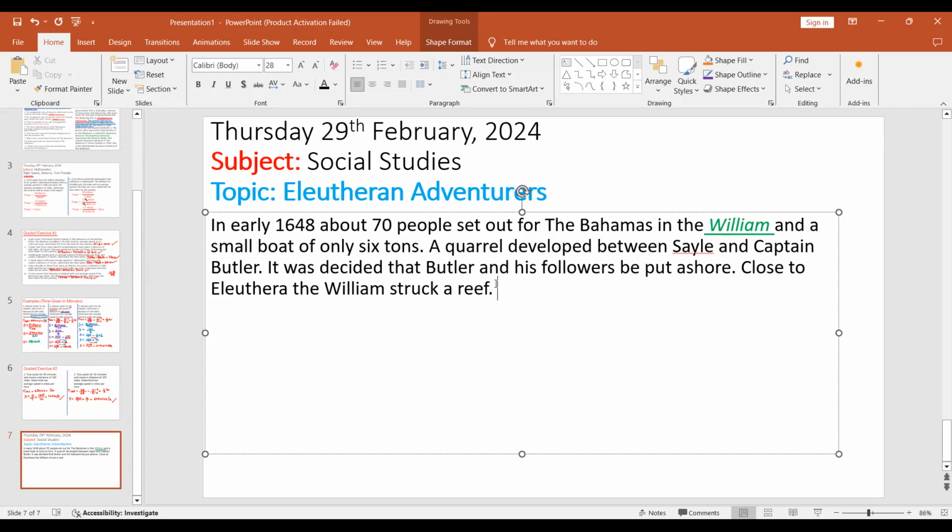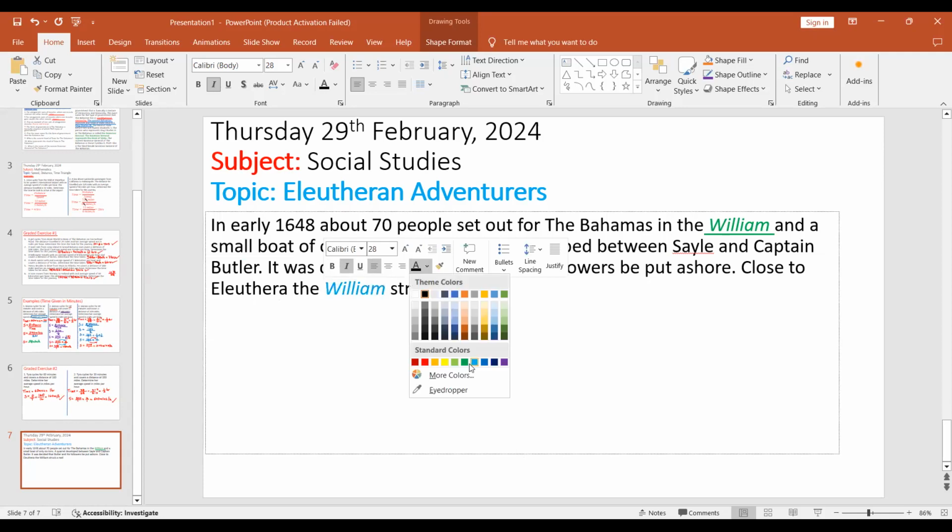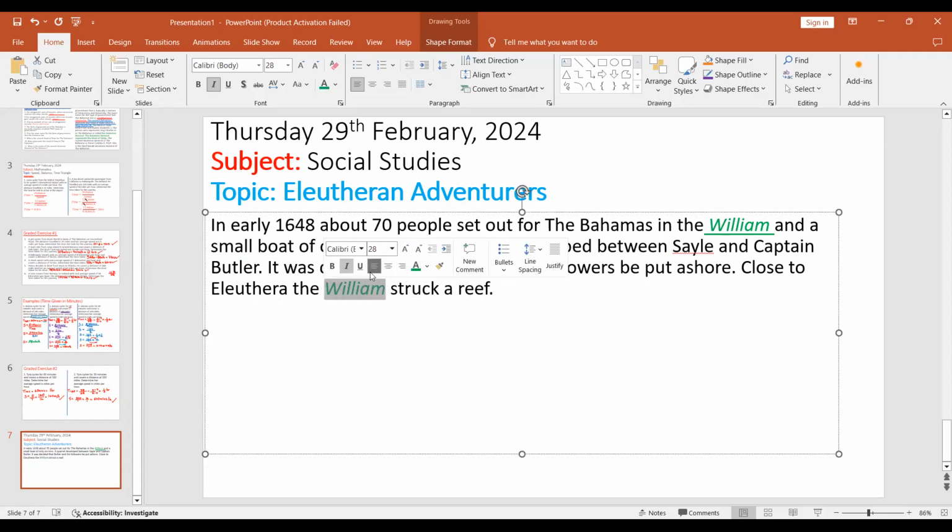And like Dion said, one of the most devastating parts about striking the reef is not really striking the reef, it's that they lose their provisions. Like that's sad. All provisions were lost.